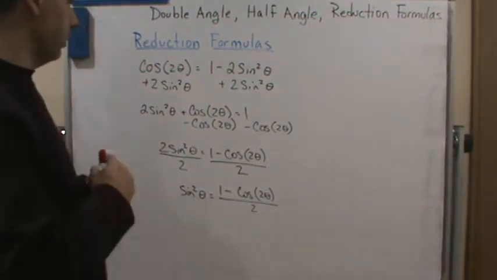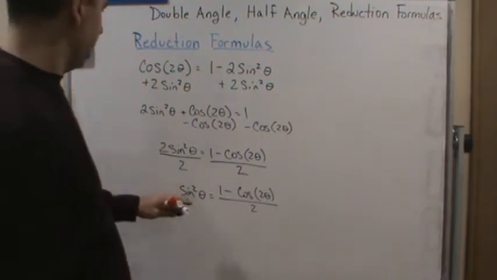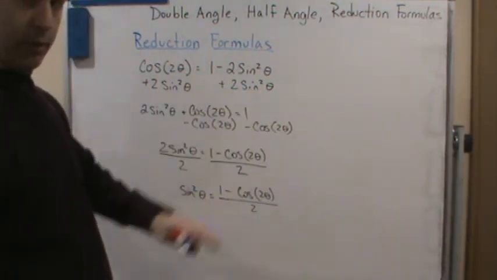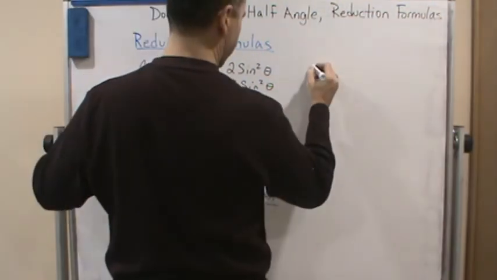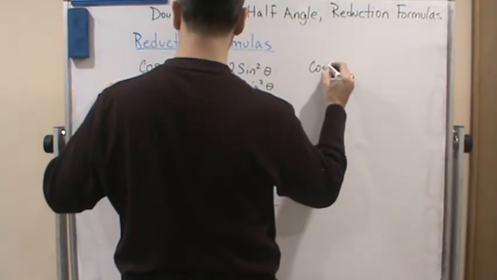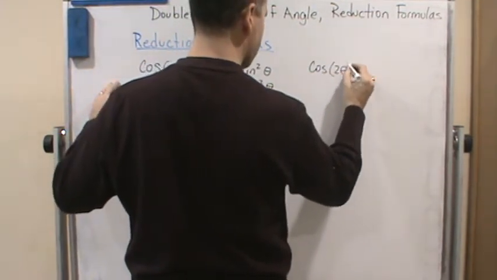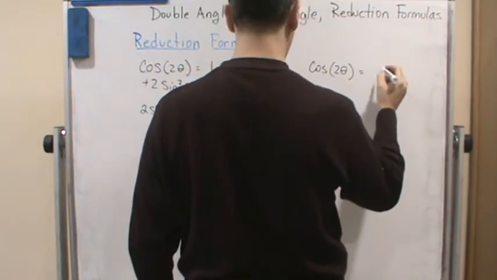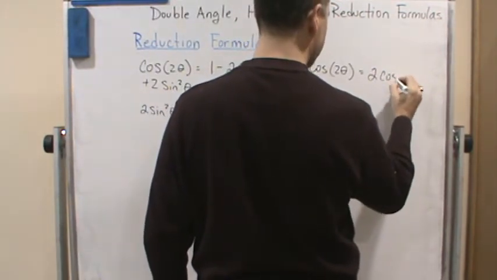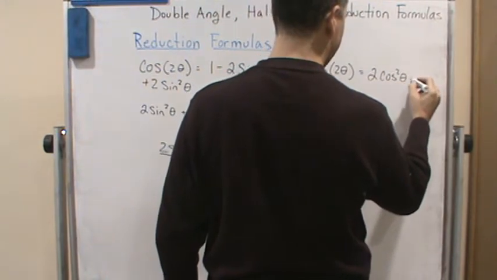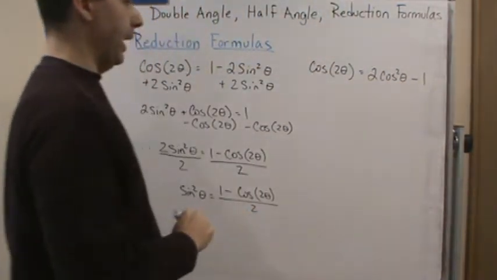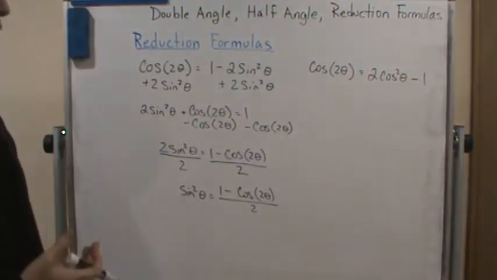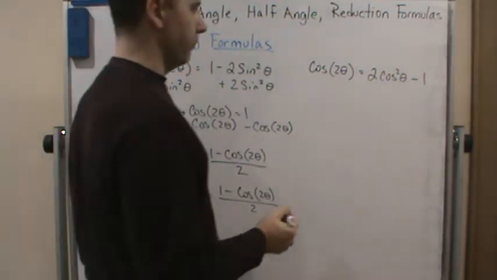Okay, now the second one, I'm going to use the other variation. So I start with cosine 2 theta is equal to, in this case, 2 cosine squared theta minus 1. Again, this time I'm just going to solve for cosine squared theta.